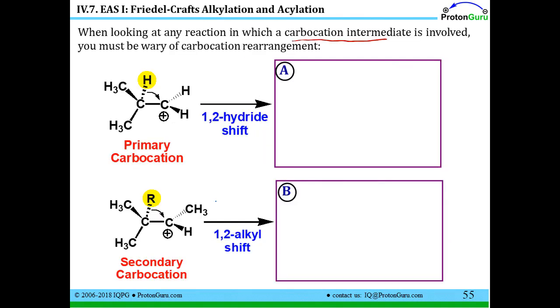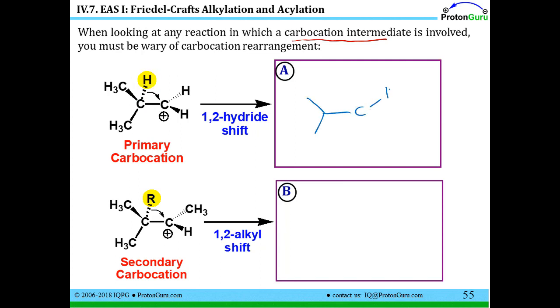So just to remind you, a carbocation rearrangement occurs spontaneously in a very thermodynamically favorable, exergonic fashion anytime that rearrangement leads to a more stable carbocation. So if I was to make a primary carbocation in the course of a Friedel-Crafts alkylation reaction, which is very doable, but beside that primary carbon with the plus charge you see a tertiary carbon, well, you can move that hydrogen over, and that would give you a compound that looks like this.